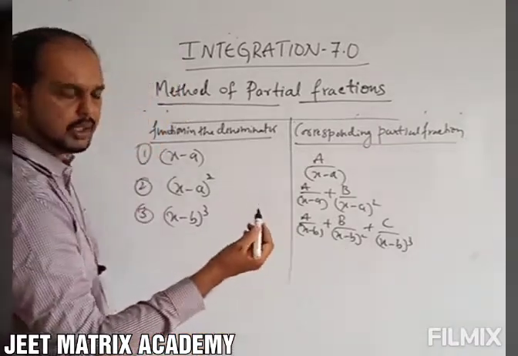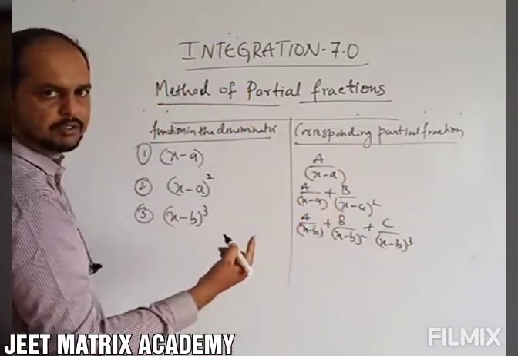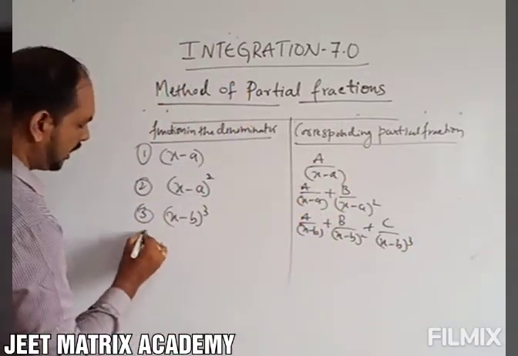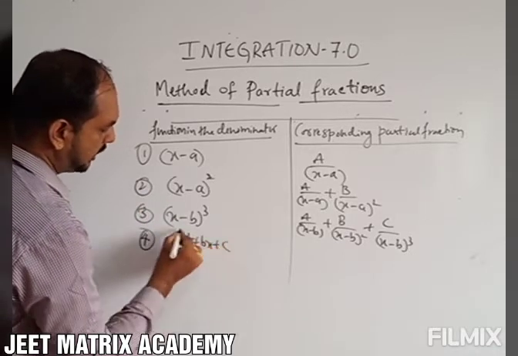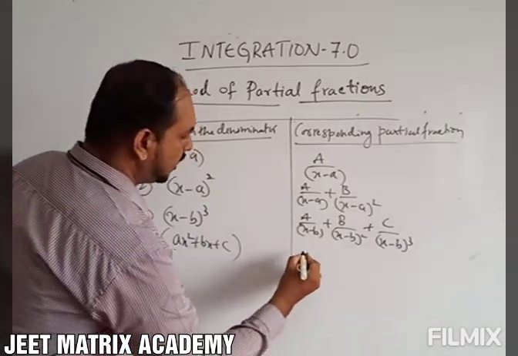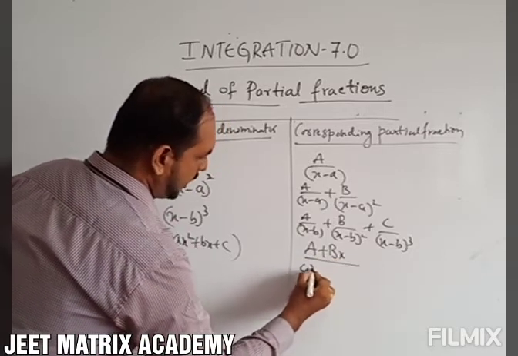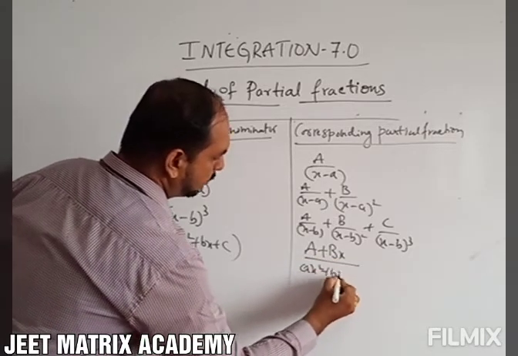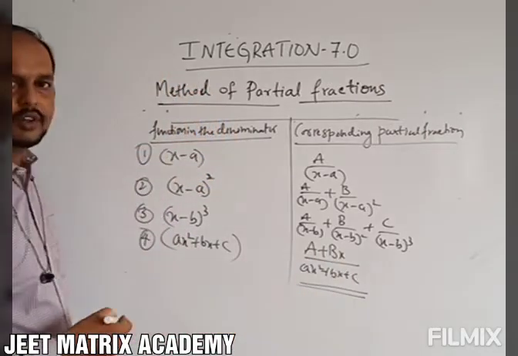If it is the fourth power, then you add D divided by x minus b whole to the power 4. The last one is for any quadratic function ax square plus bx plus c: directly you can write A plus Bx divided by ax square plus bx plus c. So these are the four forms.